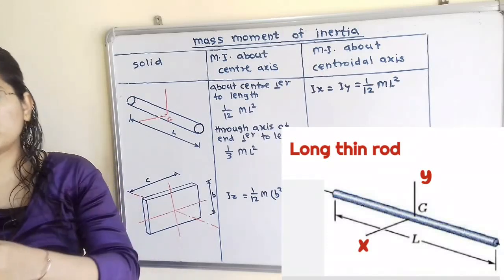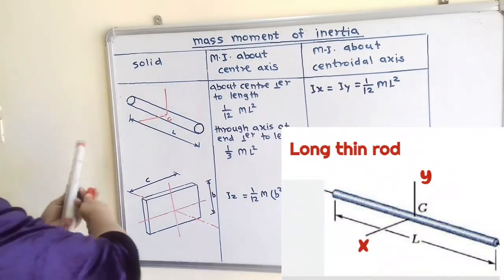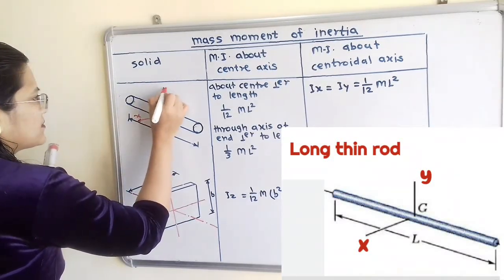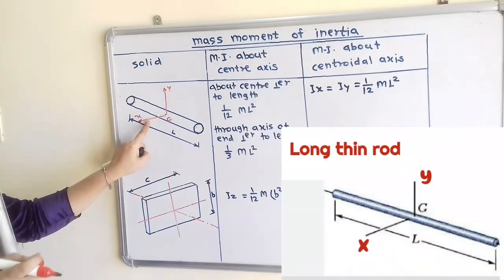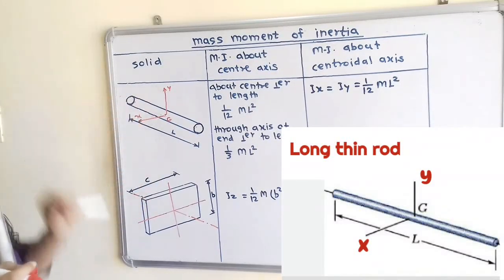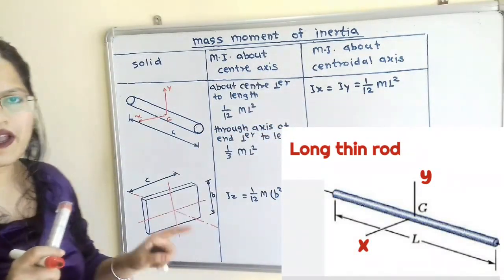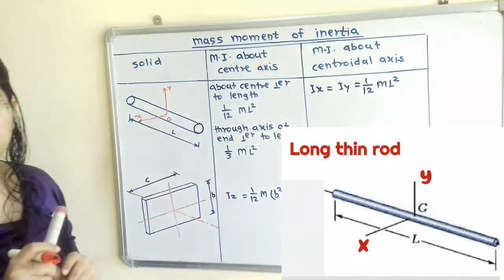So we will show two axes perpendicular to each other, one is the x-axis and the other is the y-axis. So the moment of inertia about the x-axis is equal to the moment of inertia about the y-axis, that is Ix is equal to Iy, which is equal to 1 by 12 ML square.